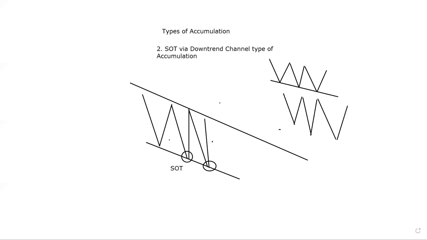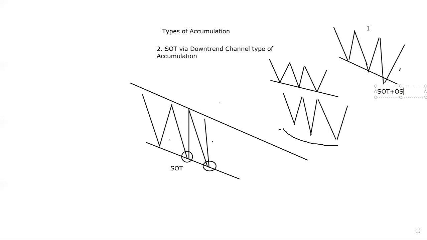Then we have this straight line SOT, and then we have the third pattern as well, known as SOT plus oversold. So these are three kinds of SOT. You know it, right?